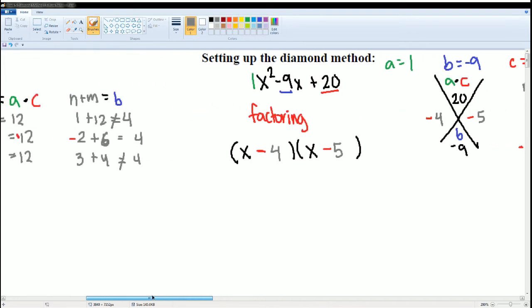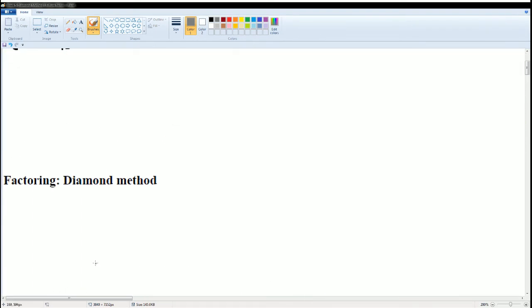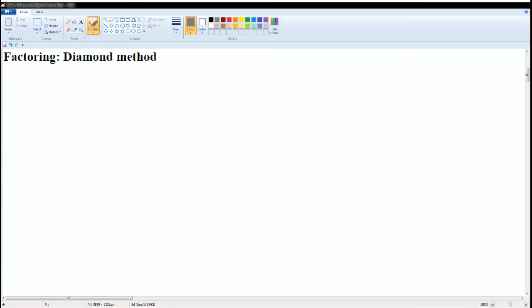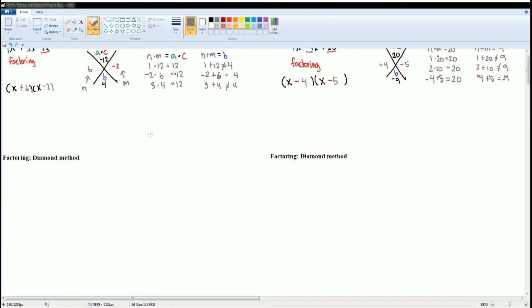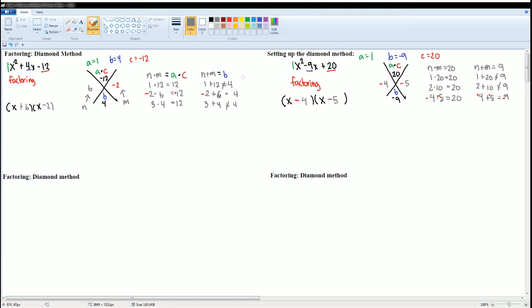Sometimes you might have to pull out a greatest common factor first before you do the diamond method. Please notice that all these examples start with an a which is equal to 1.